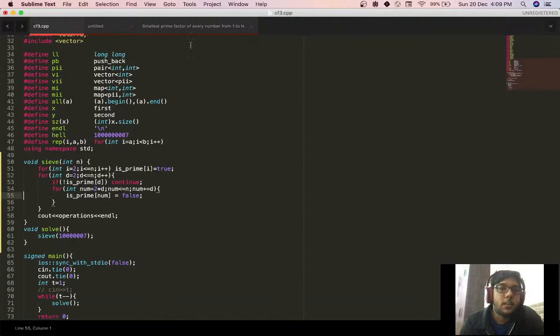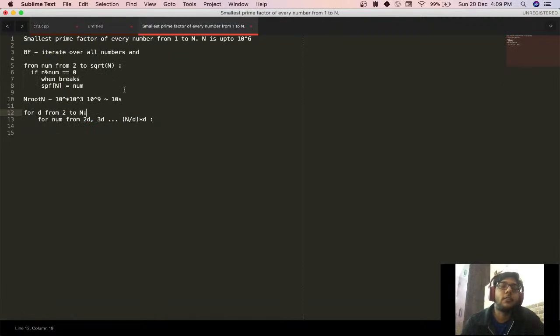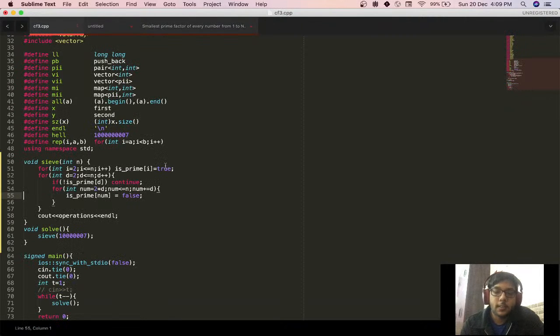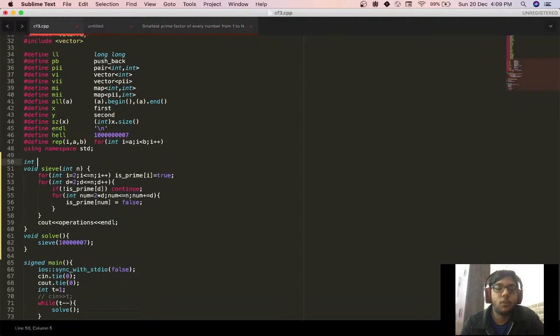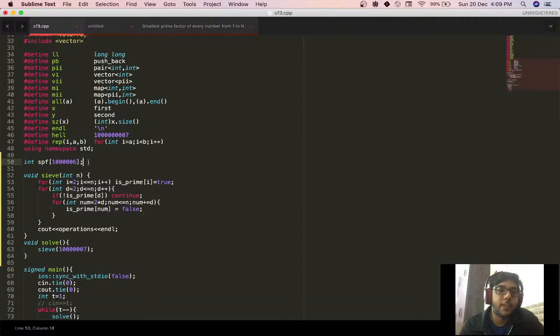Okay. And now let's get back to the problem that we had. We need to find the smallest prime factor of every number, right? So let us maintain the array that we want: the smallest prime factor for every number up to 10^6. This is what we want to populate, the smallest prime factor array.